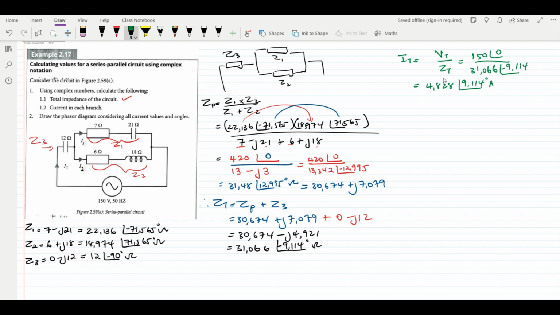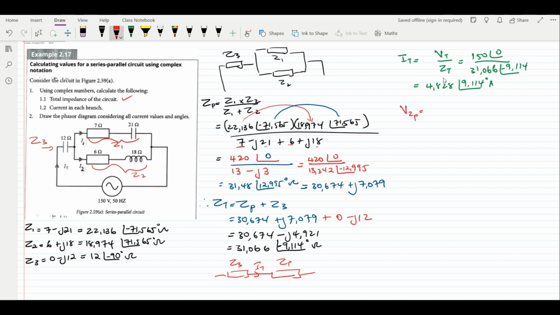And then by using that, remember now, after we had calculated our Z parallel, the circuit can be assumed to be in this way. We can have our Z parallel there, and then we can have our Z3 there. You see, Z parallel and Z3 are using the same current, which is IT.